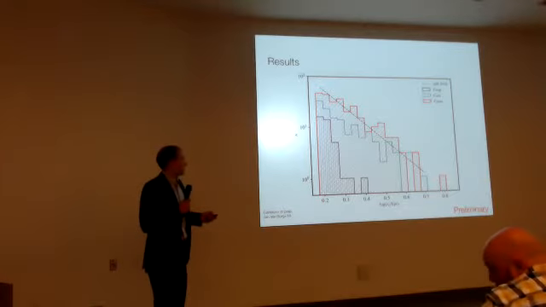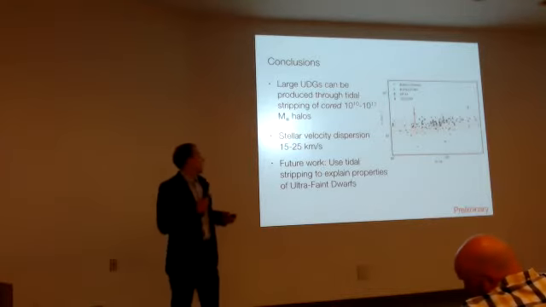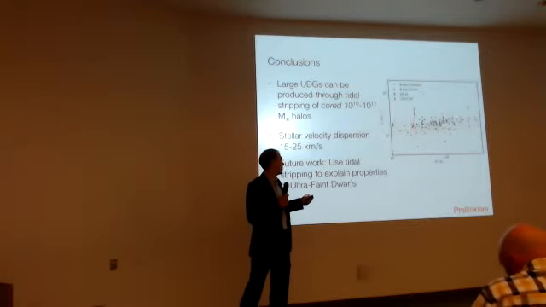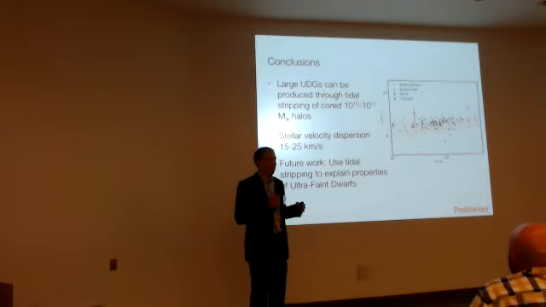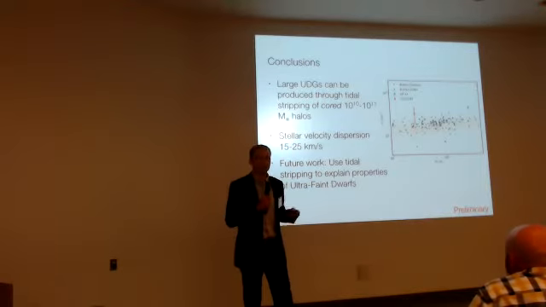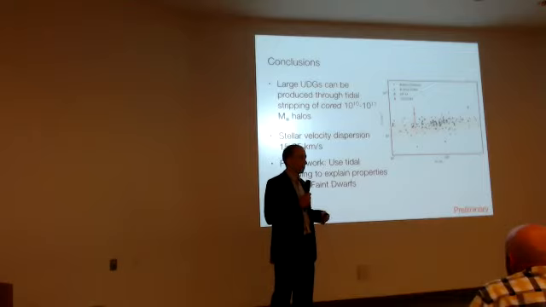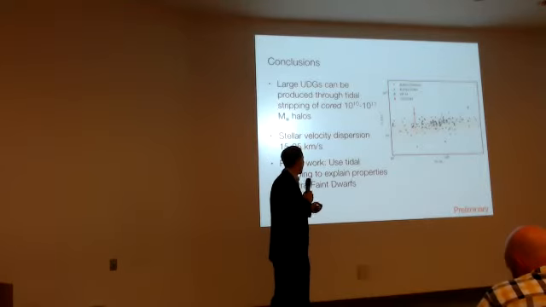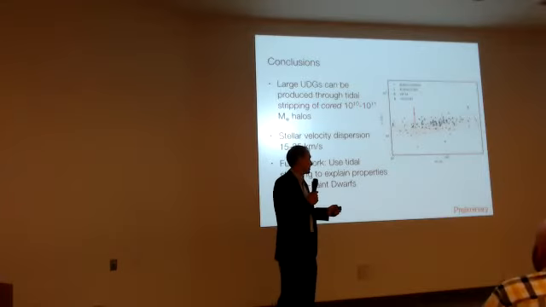So I just want to emphasize, as I'm putting up my conclusions, that this model can give us a good prediction for the stellar velocity dispersions that we should observe in a large population of UDGs, on the order of 15 to 25 kilometers a second.